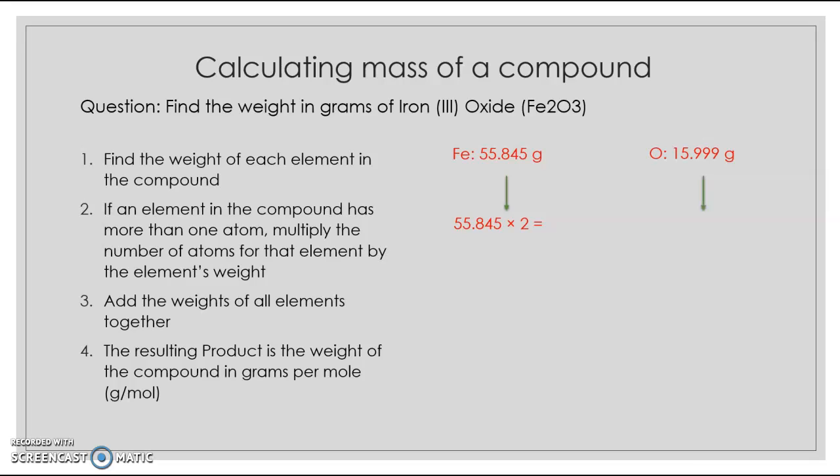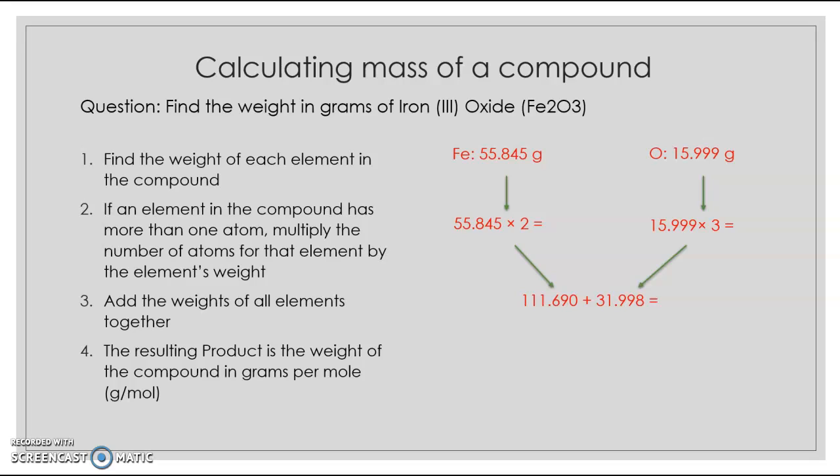And for oxygen, we would multiply 15.999 times 3. This would result in 111.690 for the weight of the 2 iron atoms and 31.998 grams for the 3 oxygen atoms.